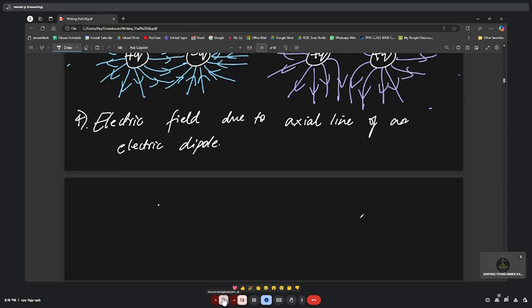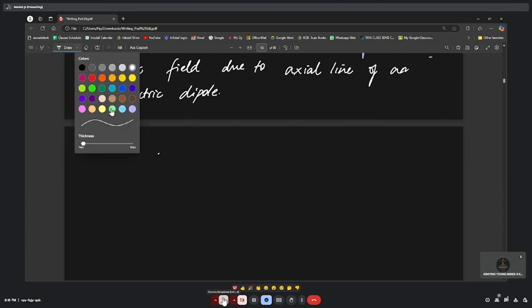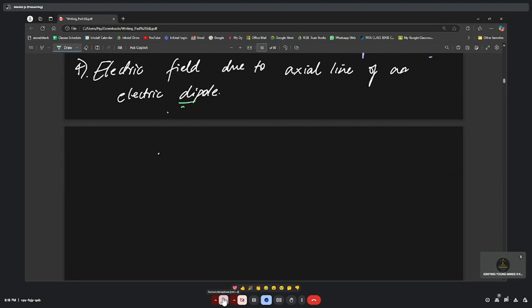So what do we mean by an electric dipole? Di means two, I hope you know. Pole means you have two different charges, so there is a polarity involved. I'll show you this electric dipole. We have a negative charge placed at a point, and we also have a positive charge.